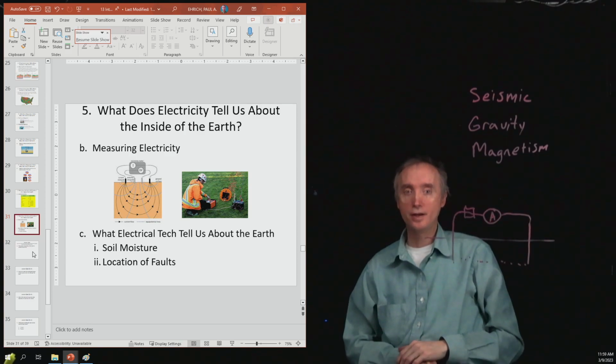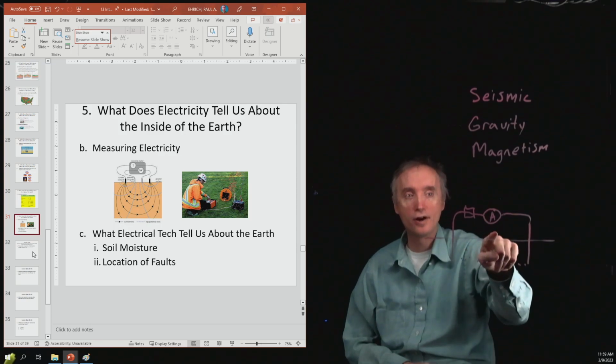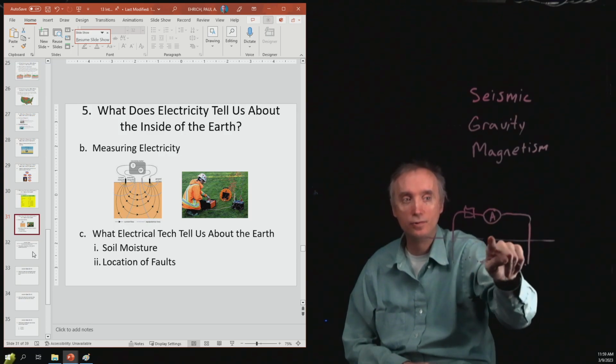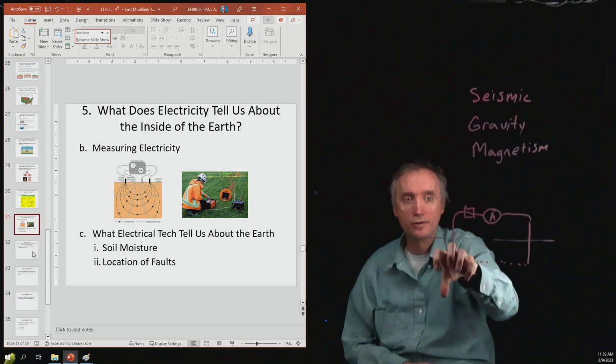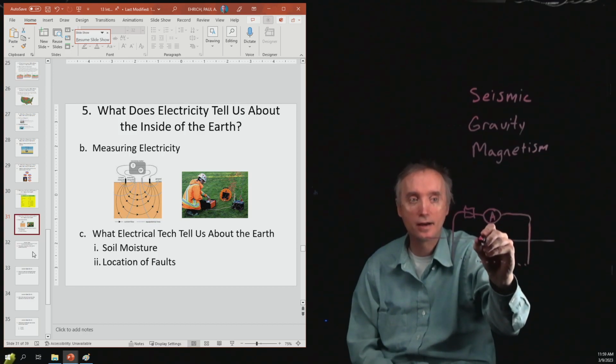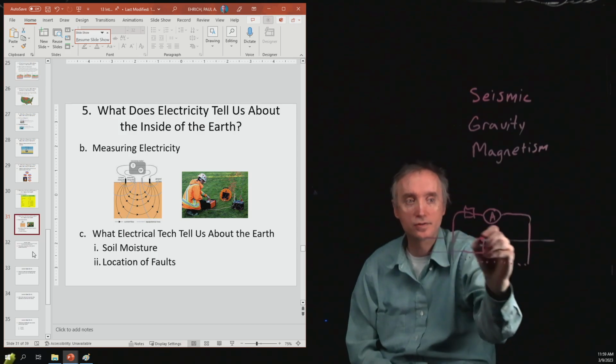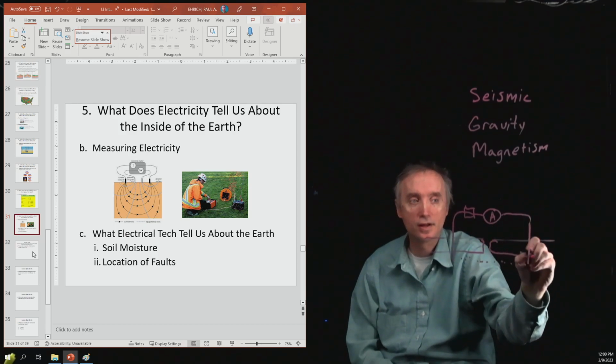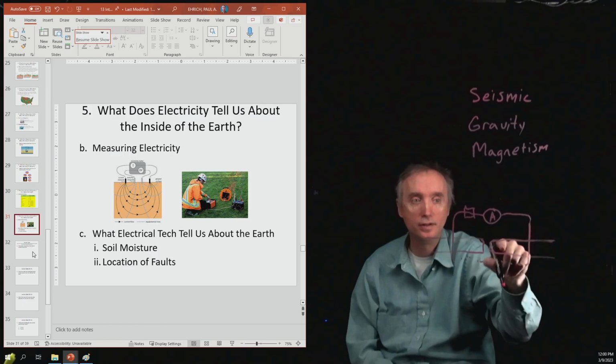Now, what about, on the other hand, if you've got a crack? So let's say that you pound your iron rods into the ground, and let's say that there is a crack in the rocks so that there's like a fault in here.